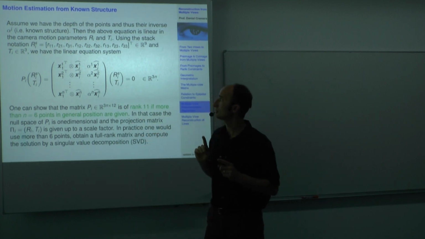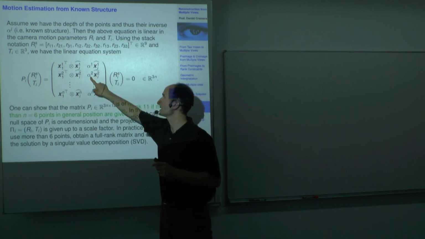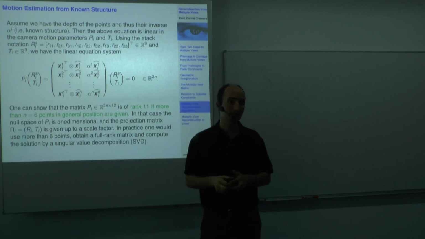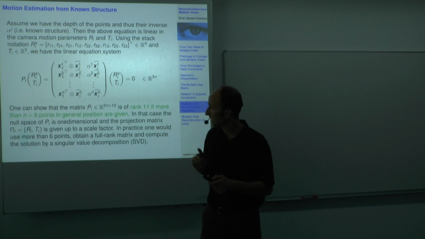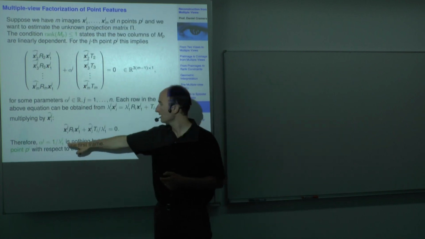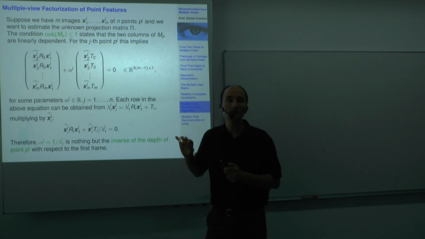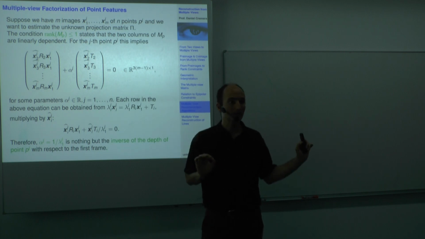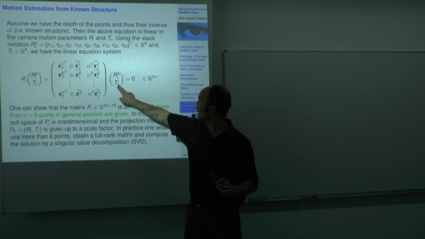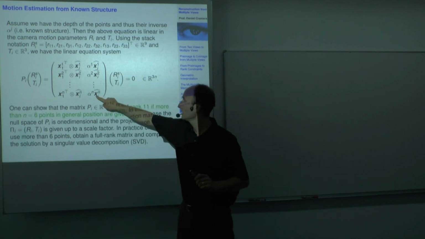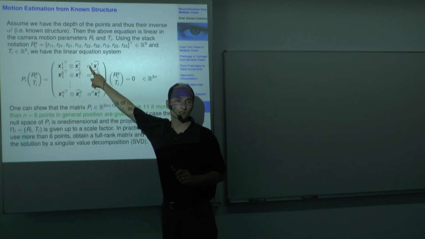But there's one thing you should keep in mind, and that is we have the parameters alpha 1 to alpha n in this matrix. And these parameters, we go back one slide, are the depth values. So this solution doesn't fully decouple structure and motion. Once we estimate motion, we need to have the structure.